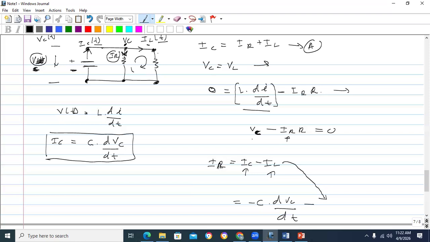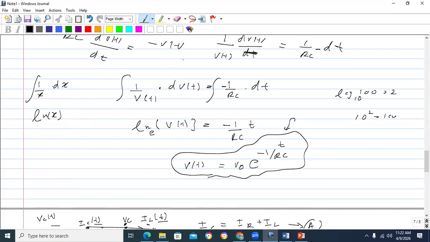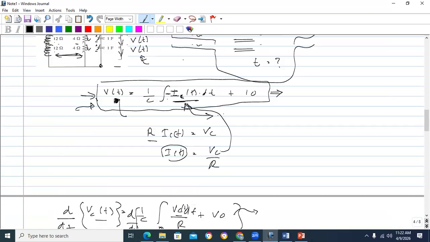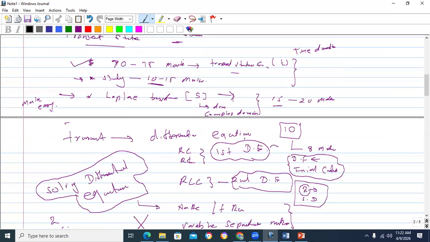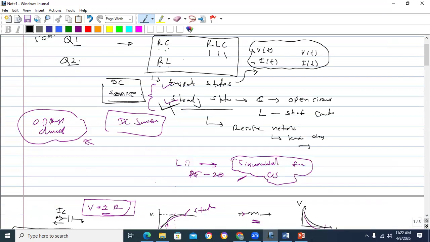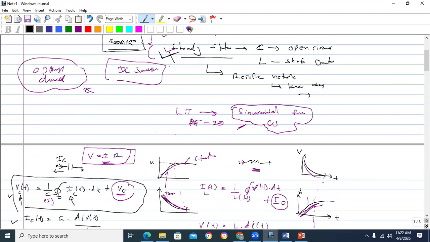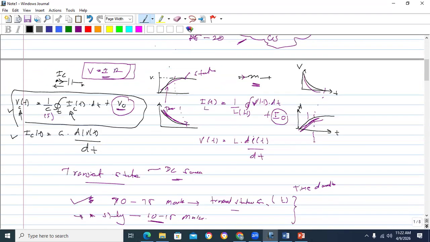What is the value for the IL? Okay. That is the current through the inductor.